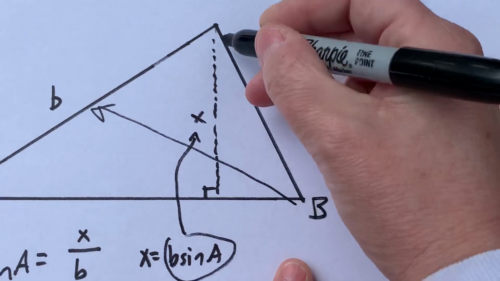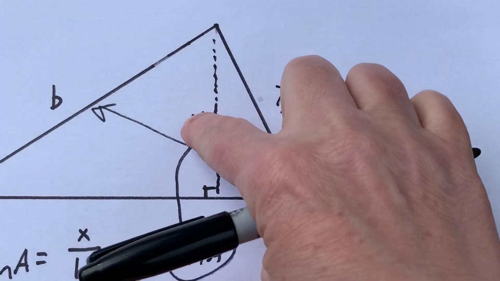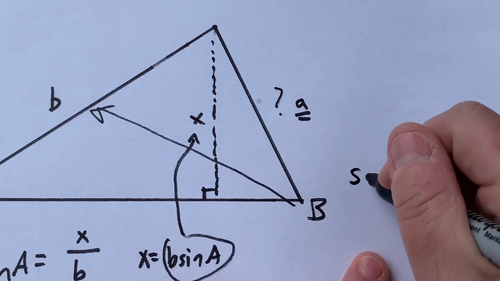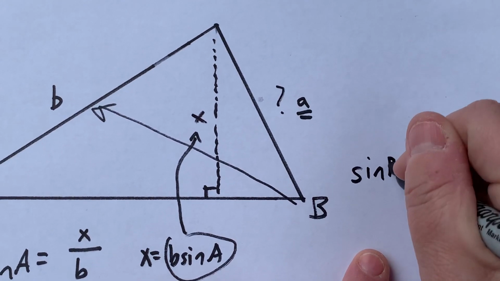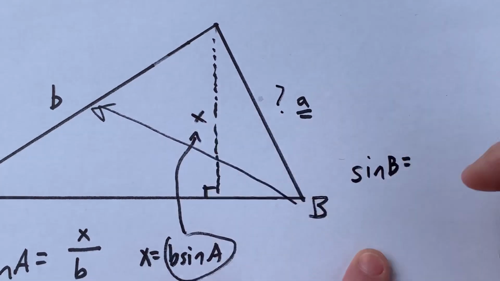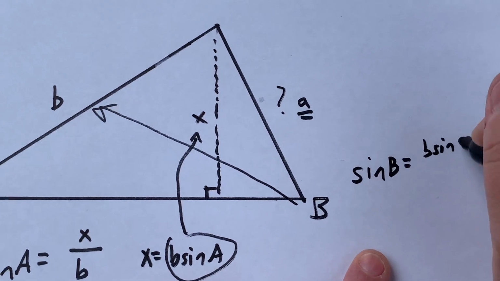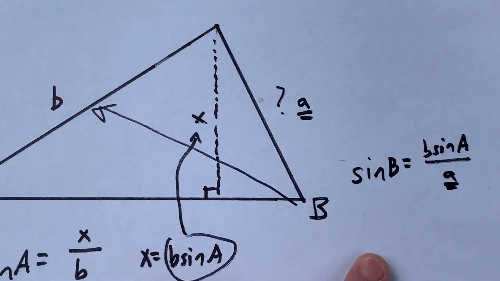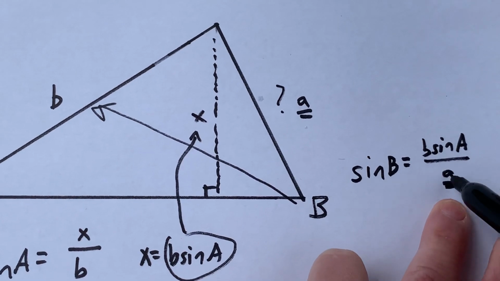And then I could plug that value in right there, whatever it is. I could come to this right triangle and say, I've got an opposite, and I'm looking for the hypotenuse. So sine of angle B is equal to the opposite side, b sine A, divided by the hypotenuse. And keep in mind, that is the thing I am looking for.